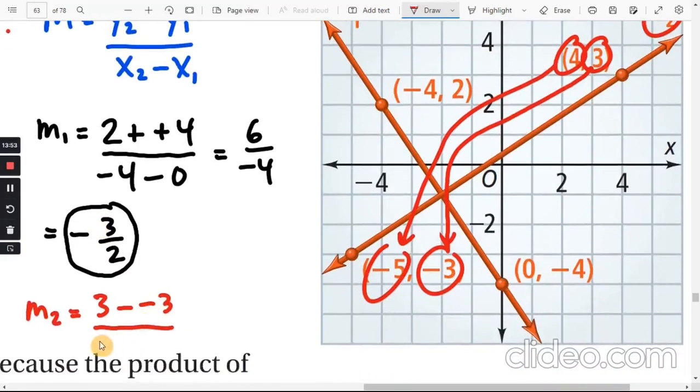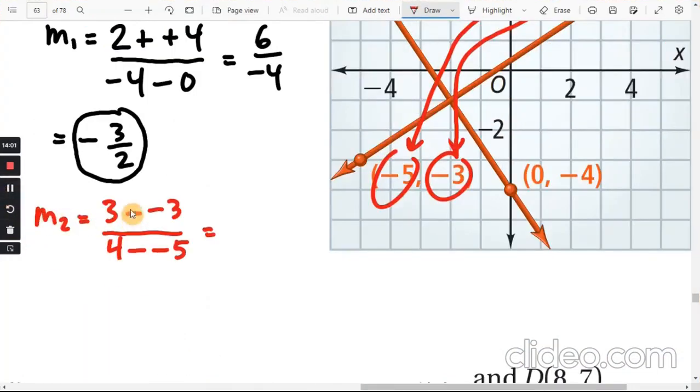Okay, so that's 4 minus negative 5. Two negatives in a row make it positive. 3 plus 3 is 6. Again, two negatives in a row is positive. 4 plus 5 is 9. We can reduce that. Both of these are divisible by 3. 6 divided by 3 is 2. 9 divided by 3 is 3.